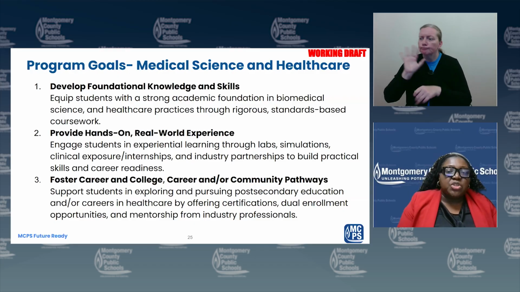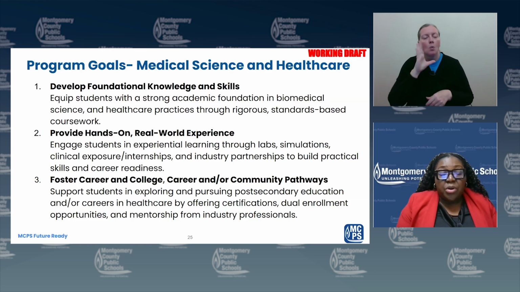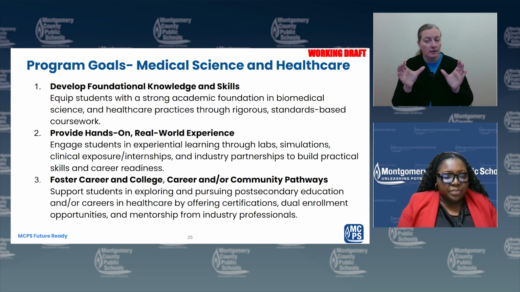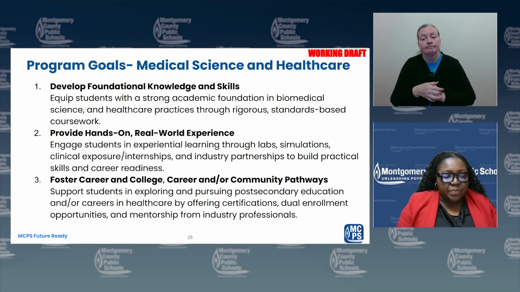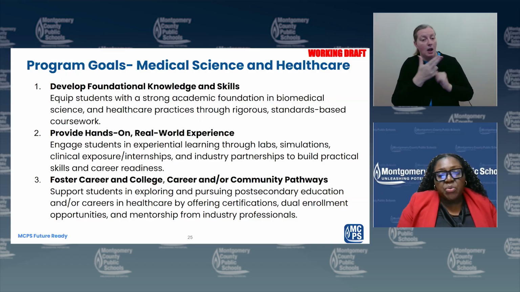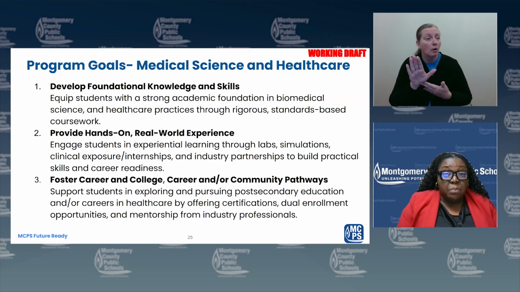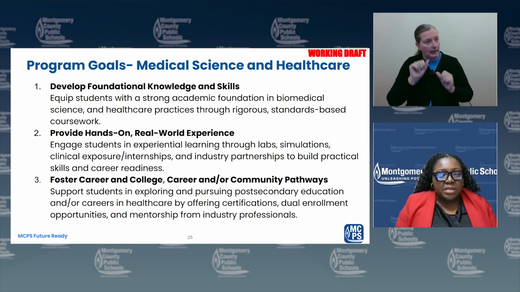Students will also have the opportunity to earn industry certifications, to network with professionals in the field, and also to liaise or talk with our college professors. It's really about giving students real options after high school, whether it's going to college, pursuing a career, or both, while helping them make a real difference in their community. Next slide, please.